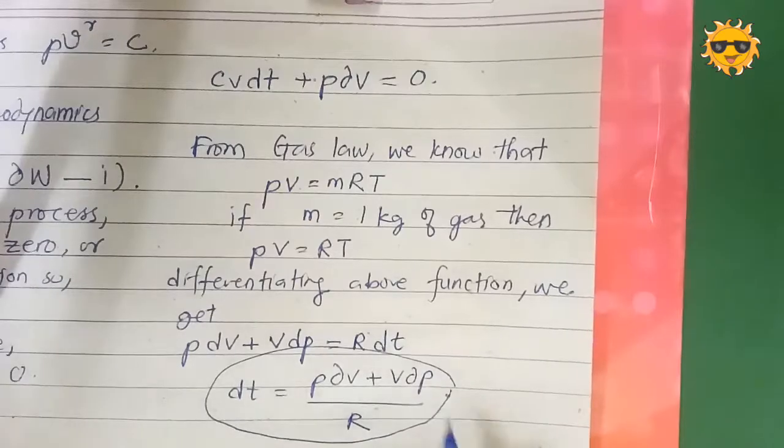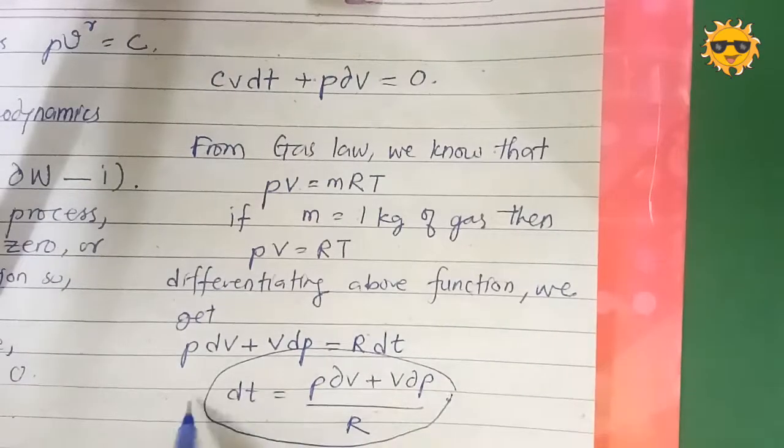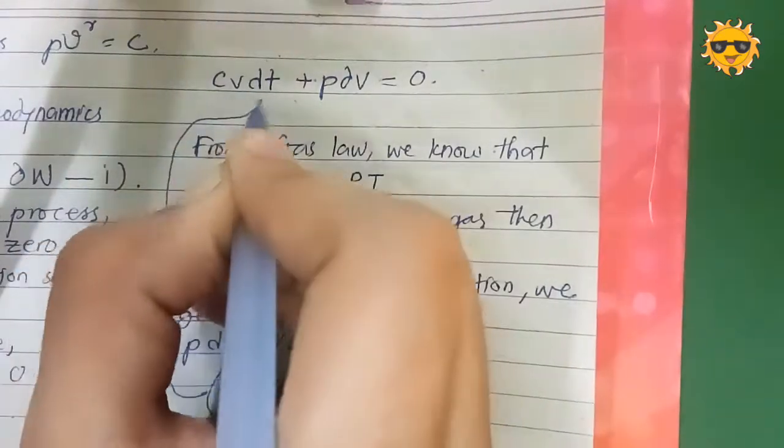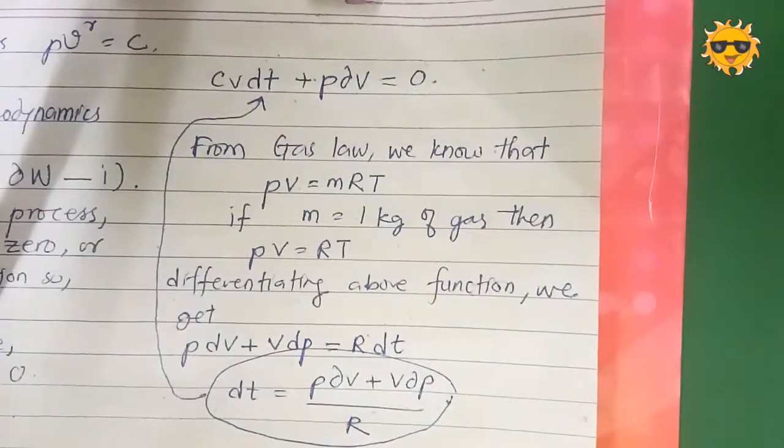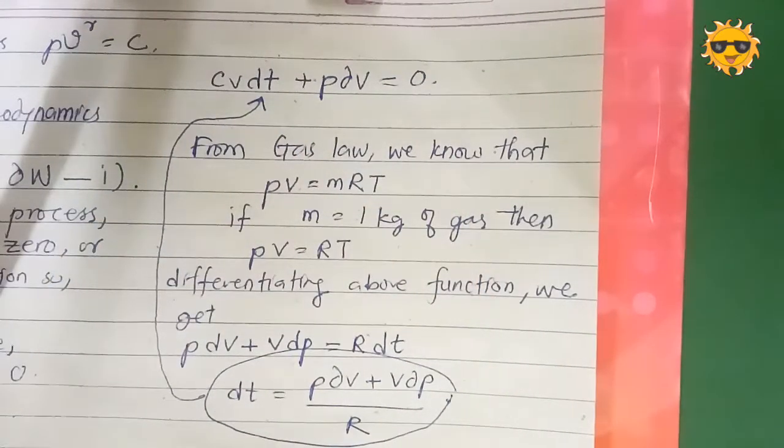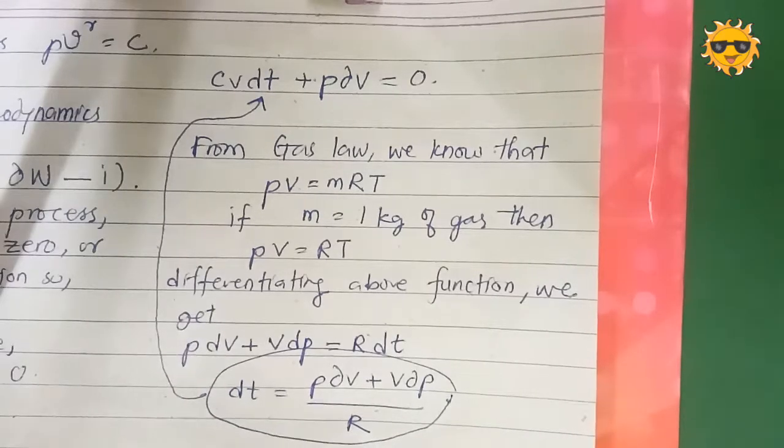Now we are going to substitute the value of dT that we found just now into the equation Cv dT plus P dV is equal to 0.